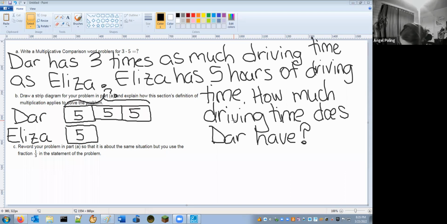The answer being 3 of these parts, right? 3 groups.